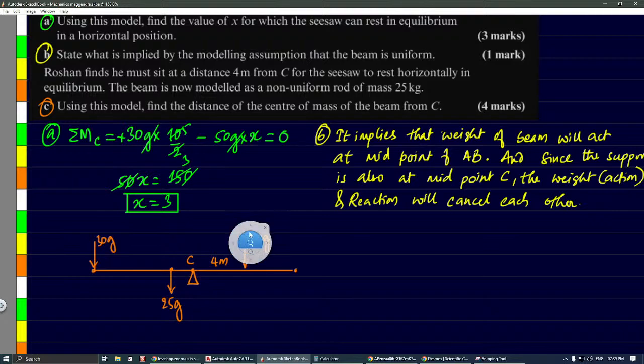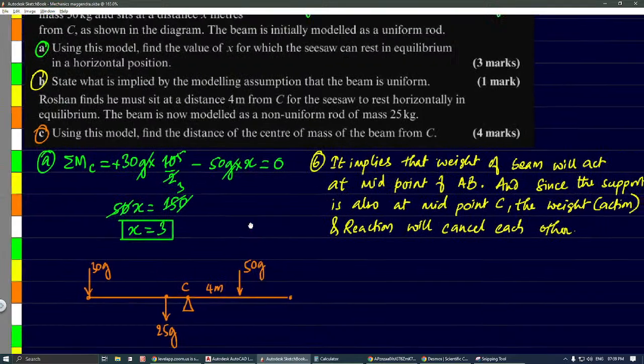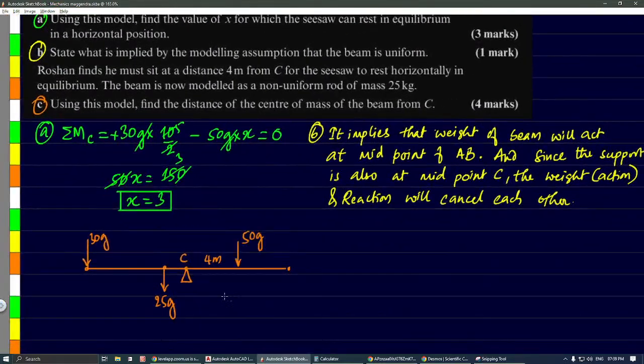Okay, so what is the total length? Total length is 10 meters. So if we call this AB, AB length is 10 meters and AC is equal to CB, both are equal to 5 meters. At this point, let us say if this is D, then CD length is given in the question, that is 4 meters.